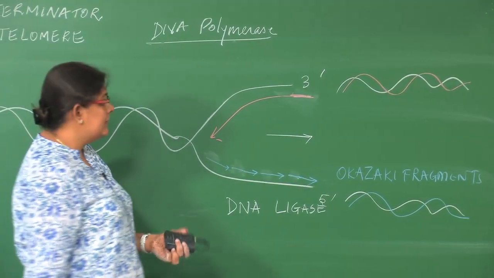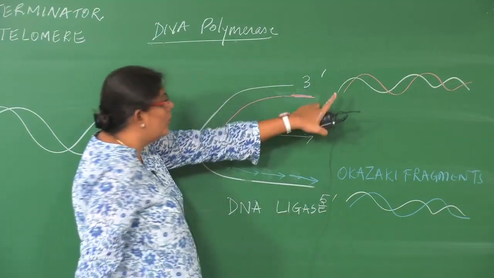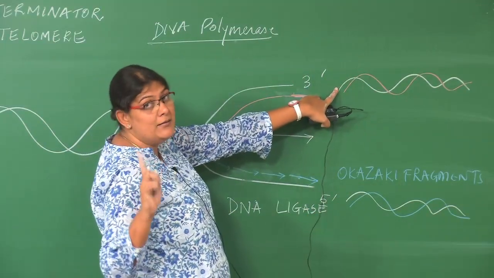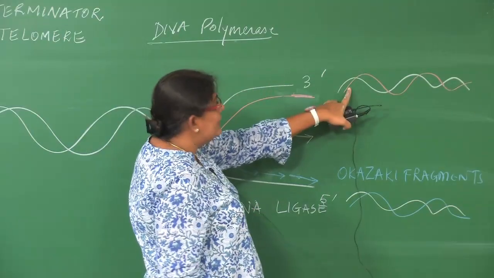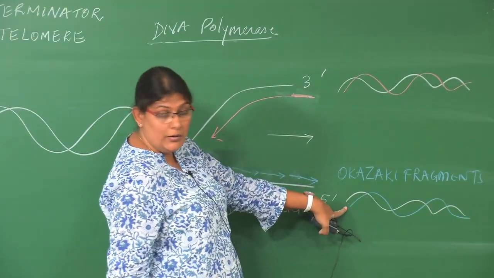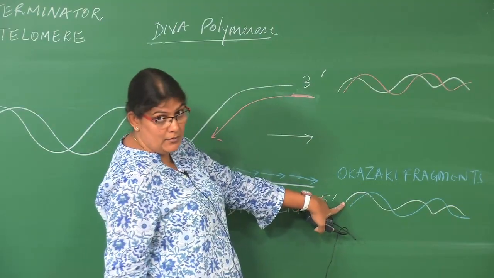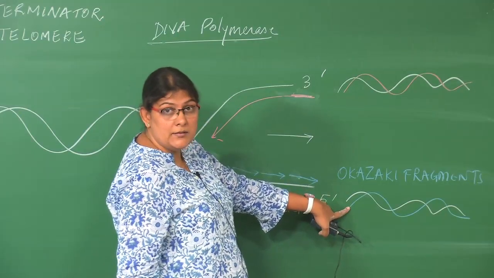But what you notice is in each new daughter DNA molecule, one strand is the parental strand which came from the original DNA, while one strand is the newly synthesized strand. The same thing happens in this molecule. One strand is from the parental DNA, the other strand is the newly synthesized strand.